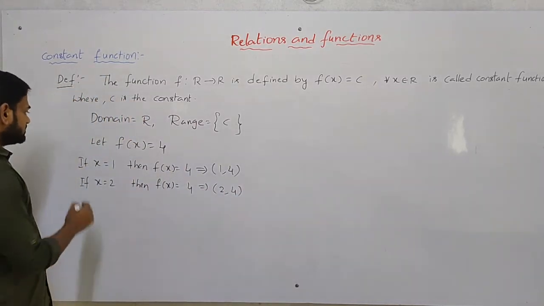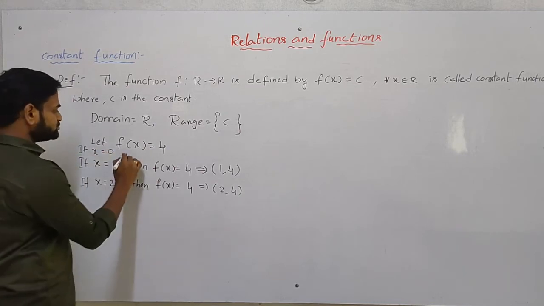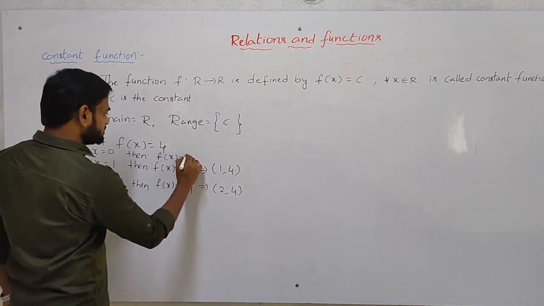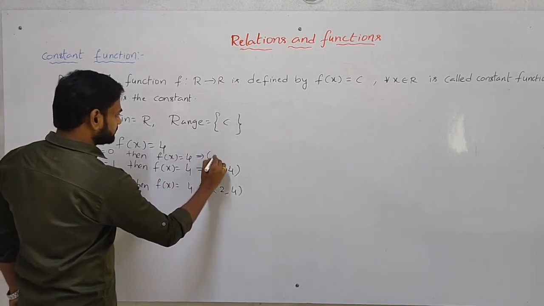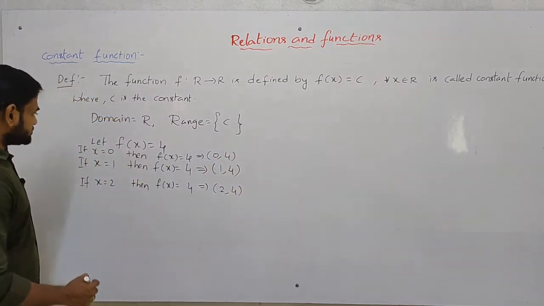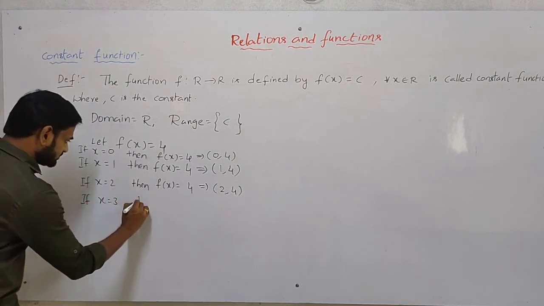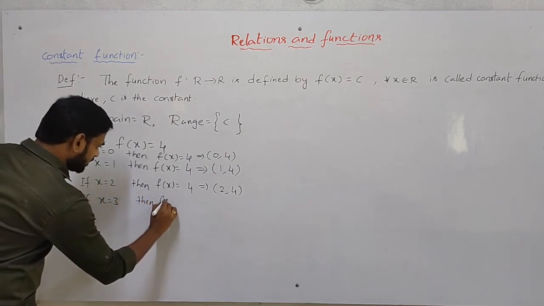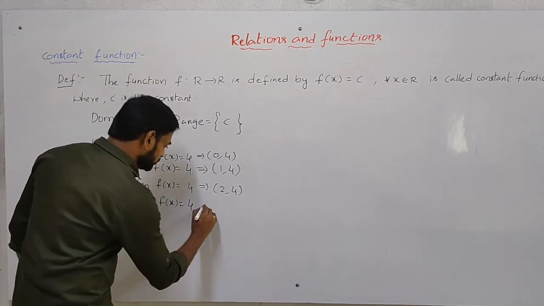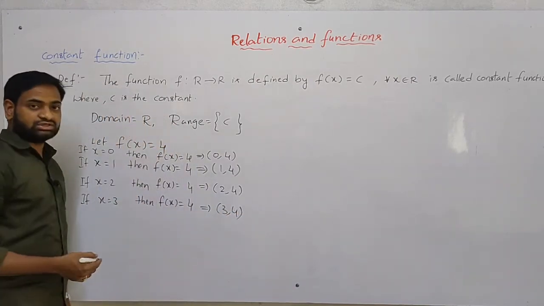Next, you can take x value 0 also. If x value is 0, then f of x is 4 only, so 0 comma 4. Next, if x is 3, then f of x equal to 4, so this point is 3 comma 4.